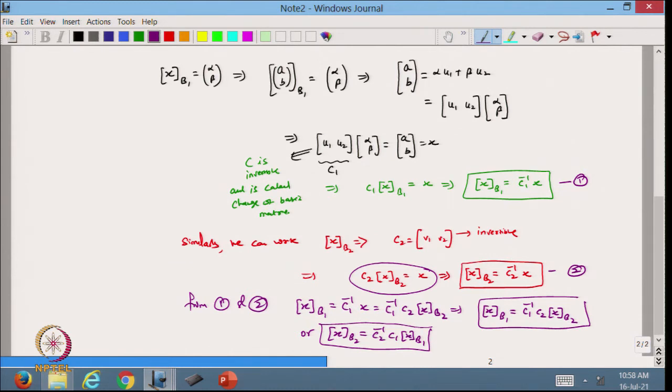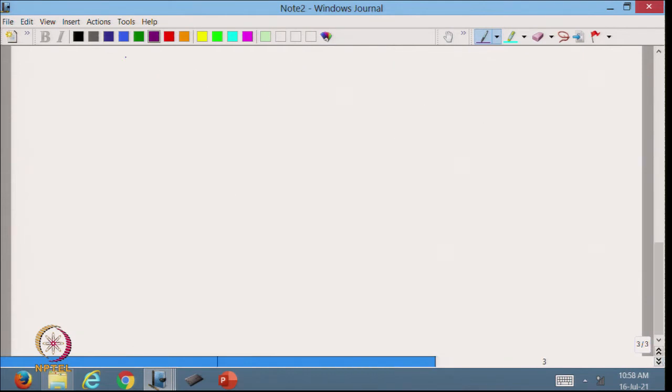So, let us verify this one. Let us choose an element, choose a vector x.